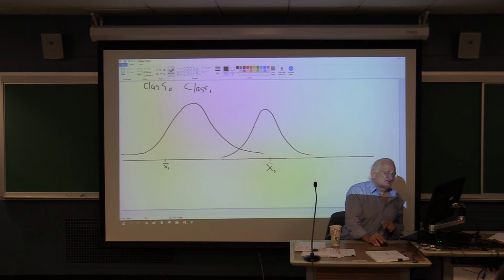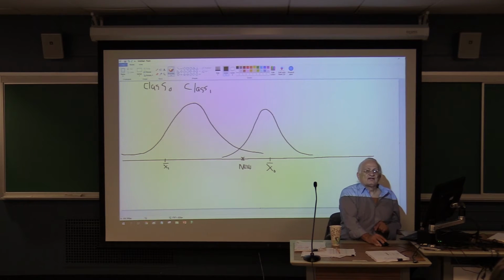Which means if the new observation is here, if you use the Euclidean distance, you will assign this to class 0 because the Euclidean distance does not take into consideration the variance.